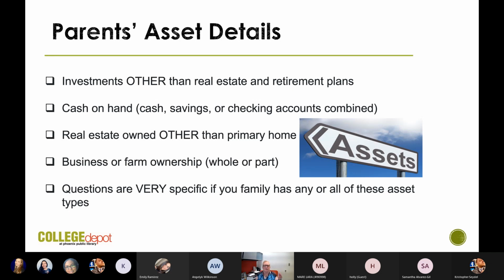But this is where the form veers off into never, never land. You are asked questions you couldn't possibly know unless you sit down and figure them out or guess. And you want to do the former, not the latter. What if you don't own your home and your parents rent? Then it will simply ask you for what is the monthly rent amount and possibly a little bit of information about utilities or other things. But if you rent your home, you don't have to enter anything about its value or what you owe on it because, of course, that does not concern you.